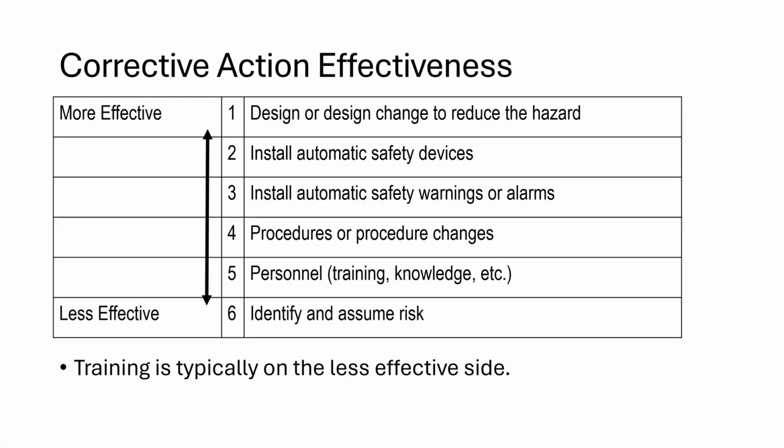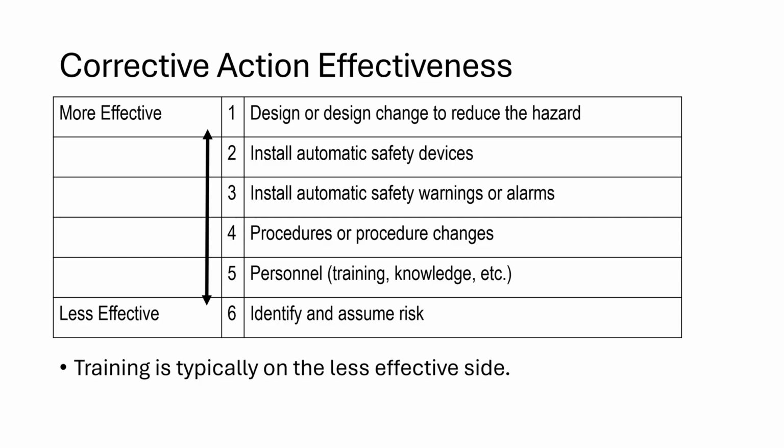Okay, so when we look at effectiveness, this isn't exhaustive, right? But this is just to give you some examples of corrective actions that would be more effective or less effective. So more effective, our number one here, right, would be design change fundamentally that reduces the hazard.